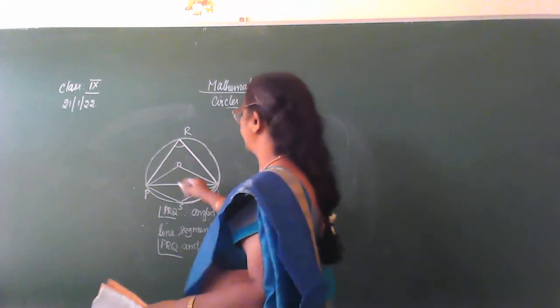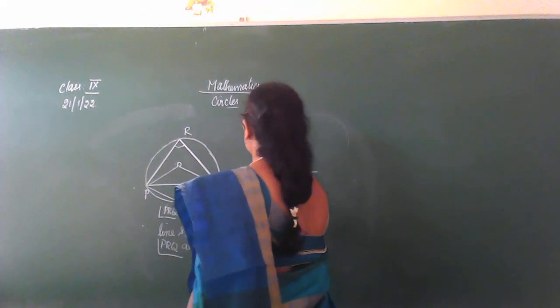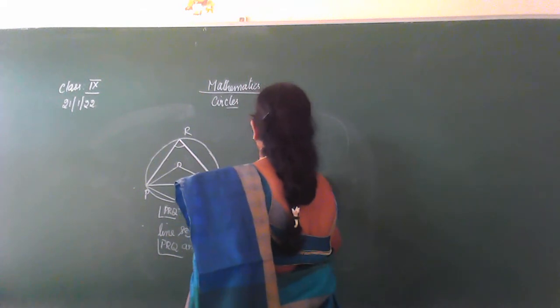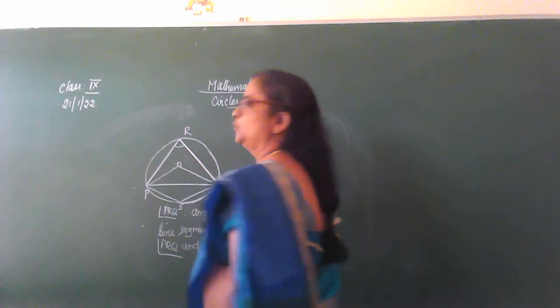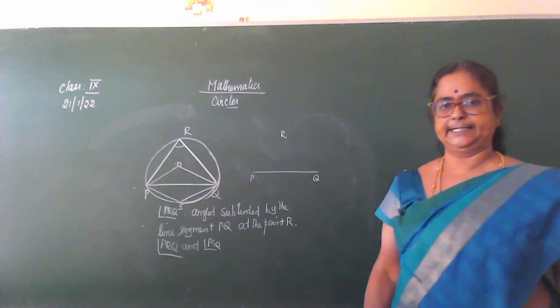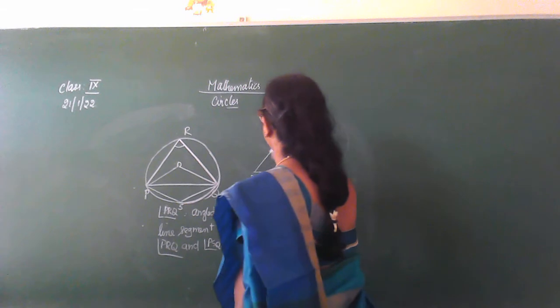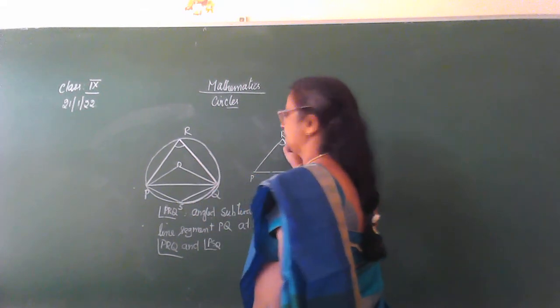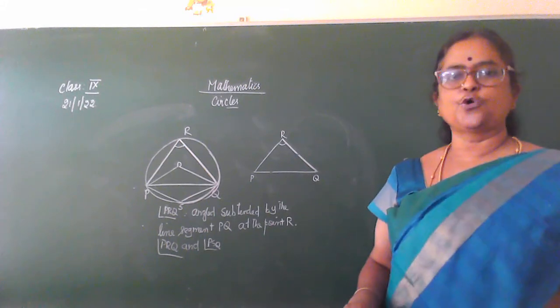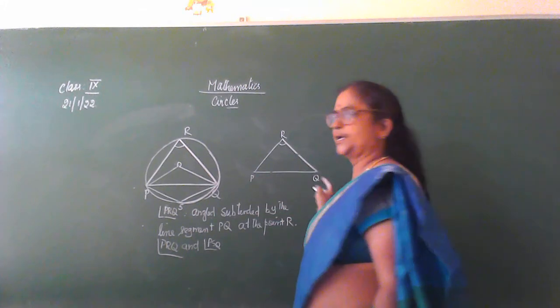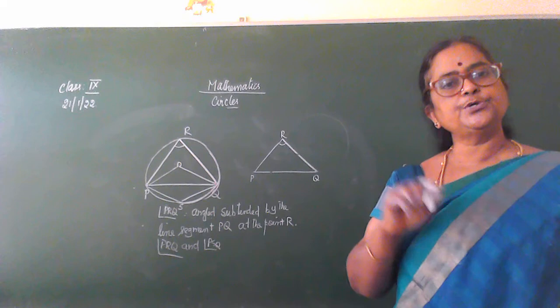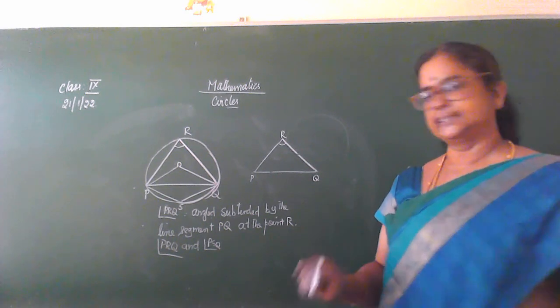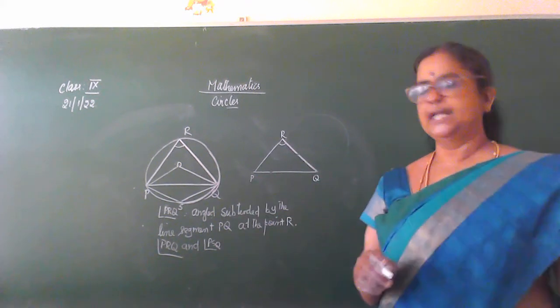So first I have considered PQ as the line segment where R is not on PQ, that is outside. So let me join PR and RQ. So you get PRQ. PRQ is the angle subtended by the line segment PQ.